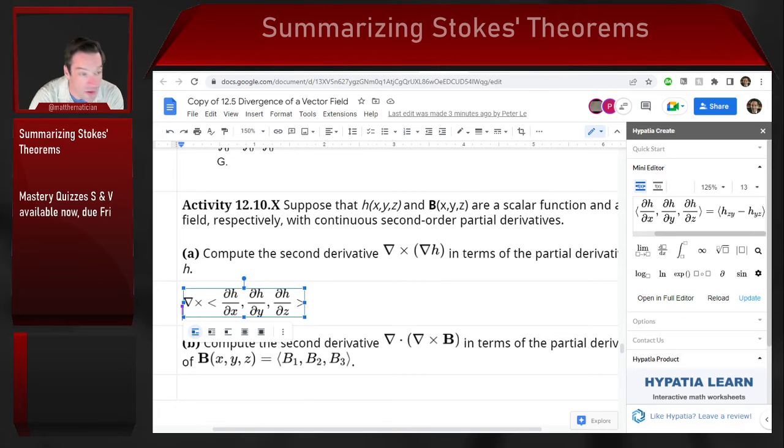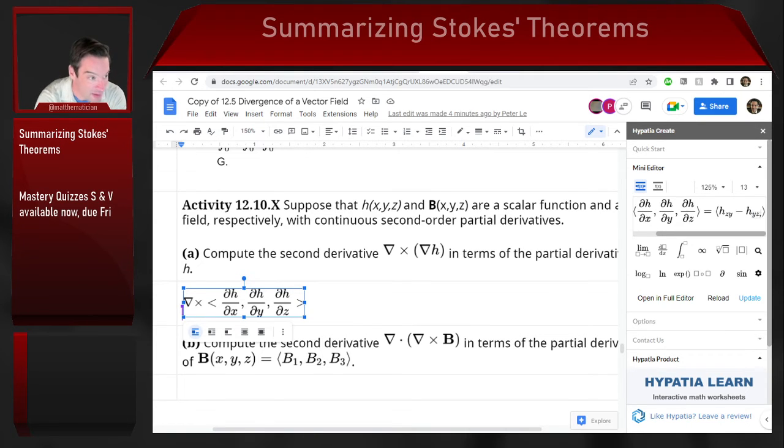When I take the curl of the gradient of a function h that has continuous second-order partial derivatives, the first component in that curl is the y partial derivative of the z partial derivative of h, so h_zy, minus the opposite, minus h_yz. Right? That's the first component.